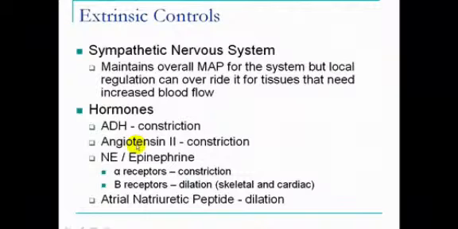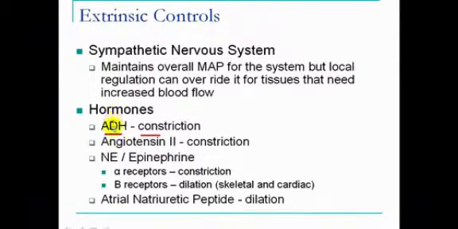The other thing is hormones, and you have a lot of hormones that we've kind of learned about already that increase blood pressure. And we mentioned these when we learned about the autonomic nervous system. Now we haven't really talked about this, but antidiuretic hormone can somewhat cause constriction of blood vessels. It's not a main regulator of blood pressure, but it can cause constriction.